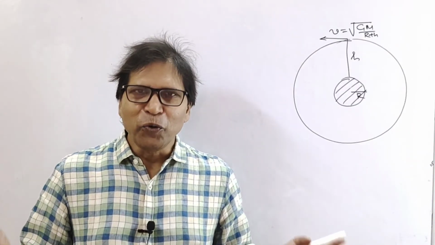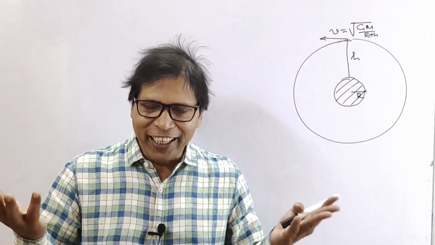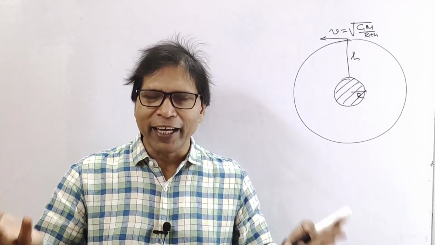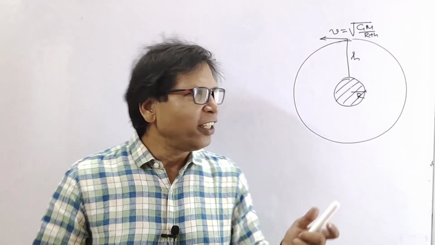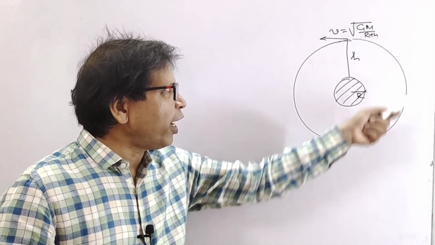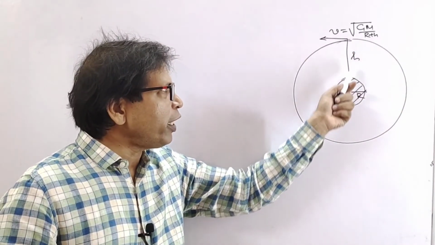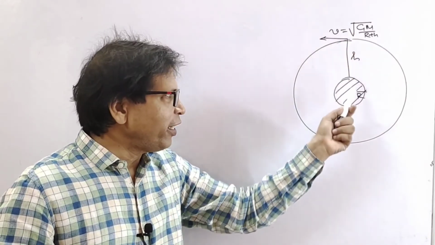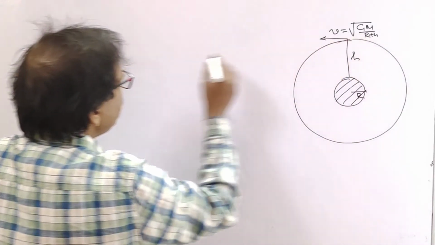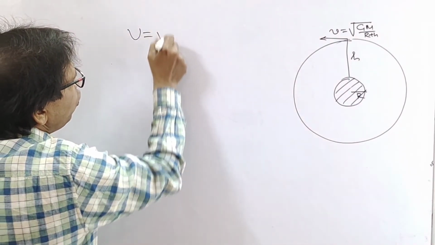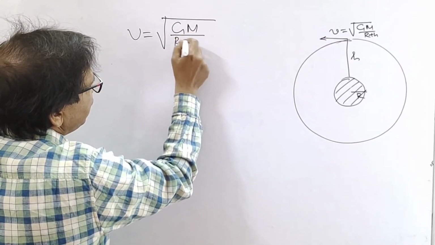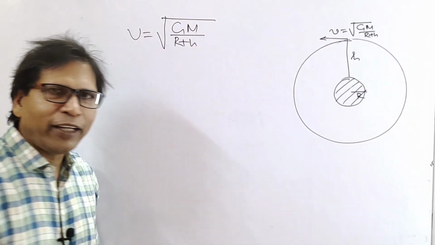Okay, now we have to establish the relation between potential energy, kinetic energy and mechanical energy of a satellite. Look at this, a satellite of mass m revolves around the earth at an altitude h from it. Radius of the earth is capital R. So orbital velocity v is equal to root of GM divided by R plus h, where M is the mass of the earth.